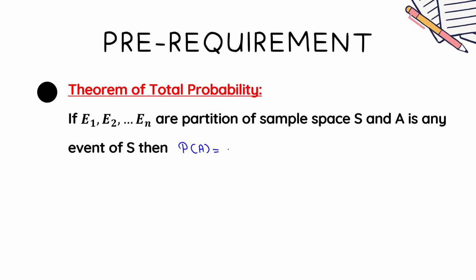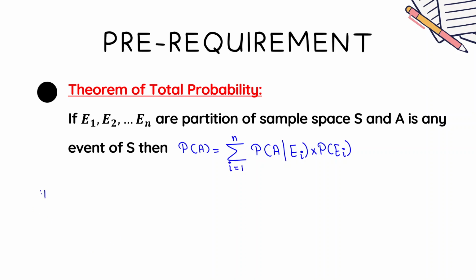The formula given in the total probability is sigma, the sum of the probability that the event A will occur given that it is with any of the partition events Ei, multiplied with probability of the partition event Ei, for i running from 1 to n.